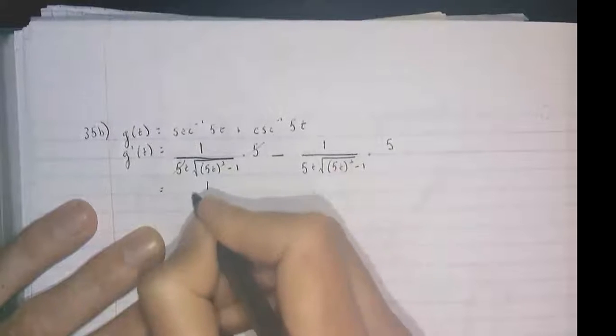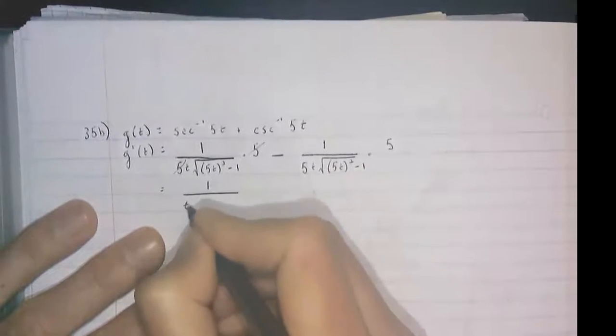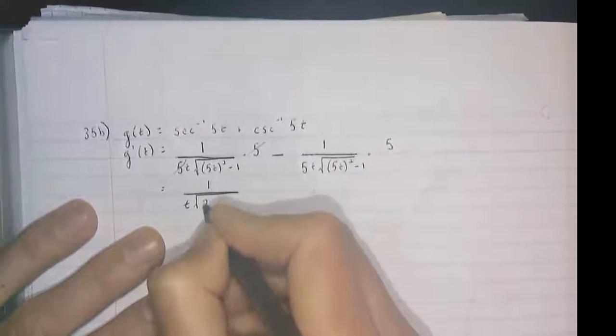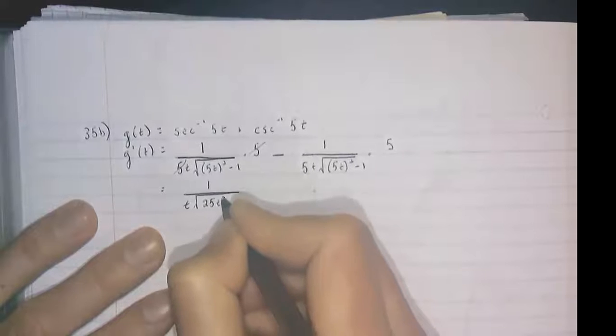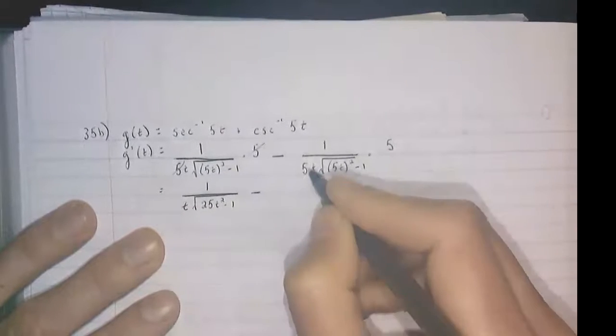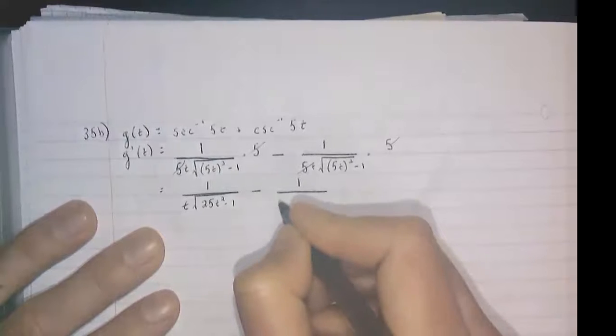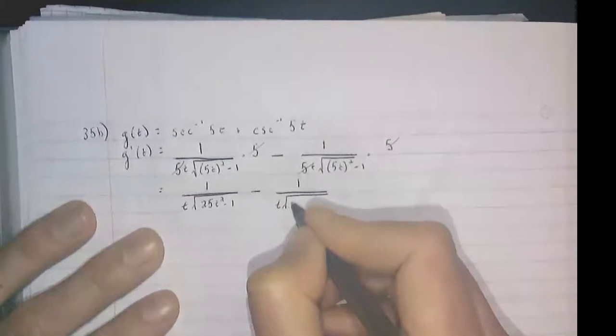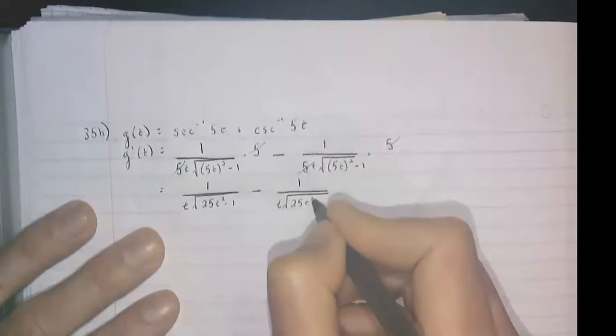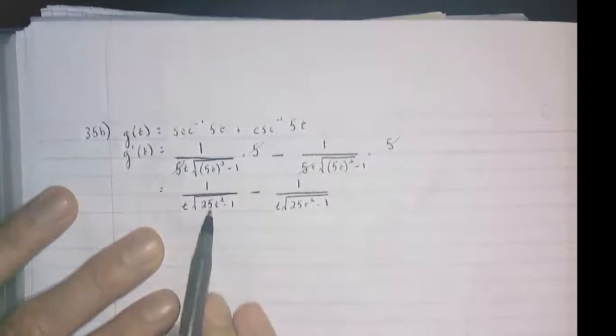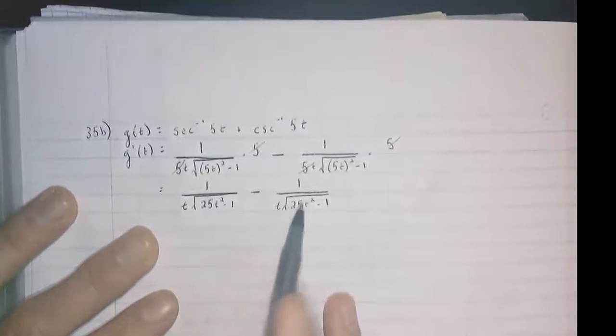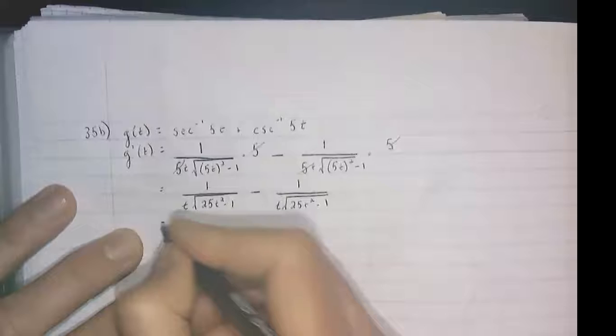We get 1 over t times the square root of 25t squared minus 1, minus, 5s cancel again, 1 divided by t times the square root of 25t squared minus 1. That looks a heck of a lot like that thing, which to me means that's 0.